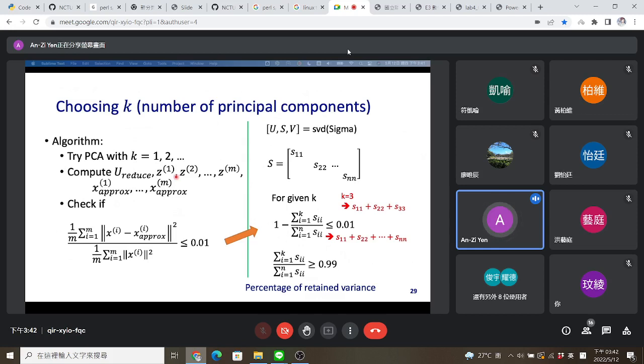this procedure seems very slow, and we don't want to go through k equals 1, 2, up to an unknown number.